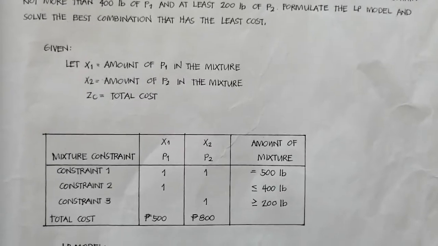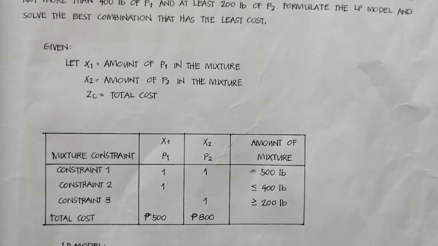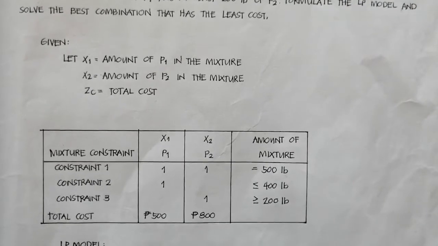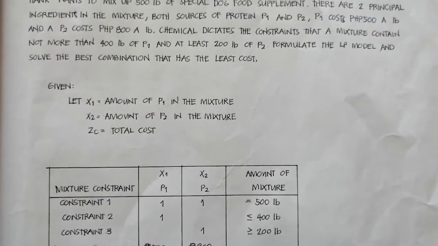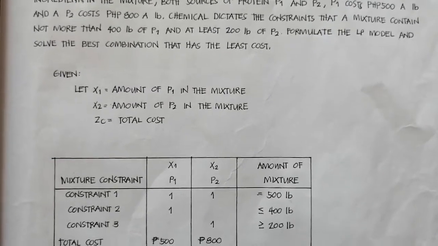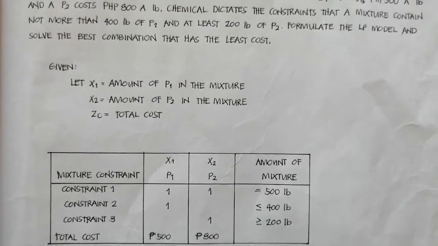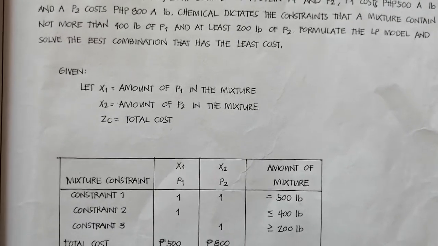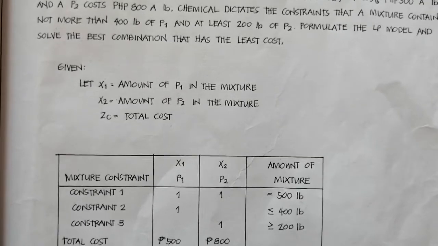So your constraint number 2 is P1 is less than or equal to 400. And the last one is at least 200 pounds of P2 in the total mixture. So your constraint number 3 will be P2 is greater than or equal to 200 pounds.